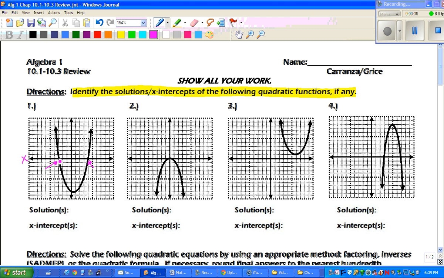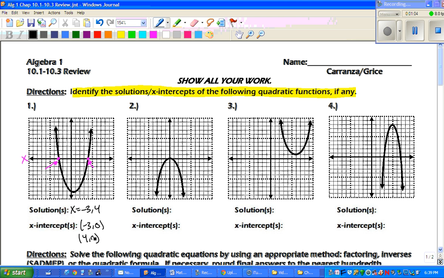So, we want to know where are those points at? For the first one, it's where x equals -3 and 4, which means our solution is -3, and the x-intercepts are (-3, 0) and (4, 0).